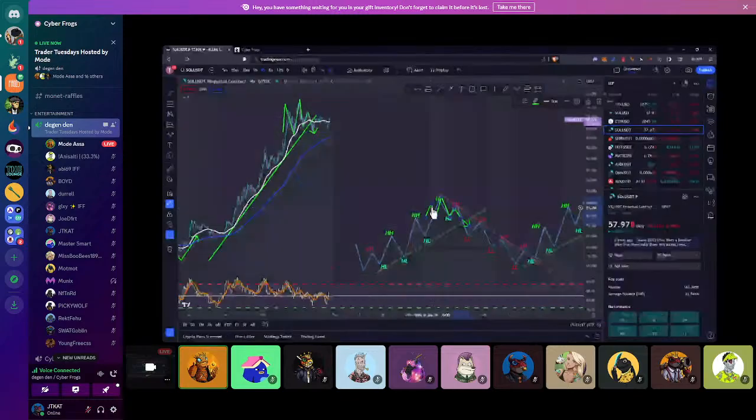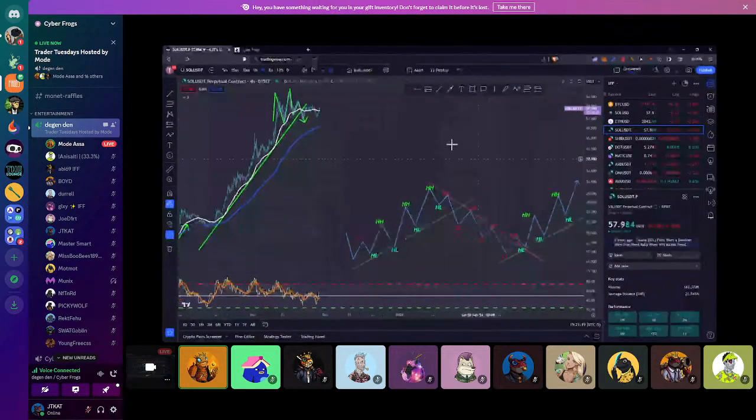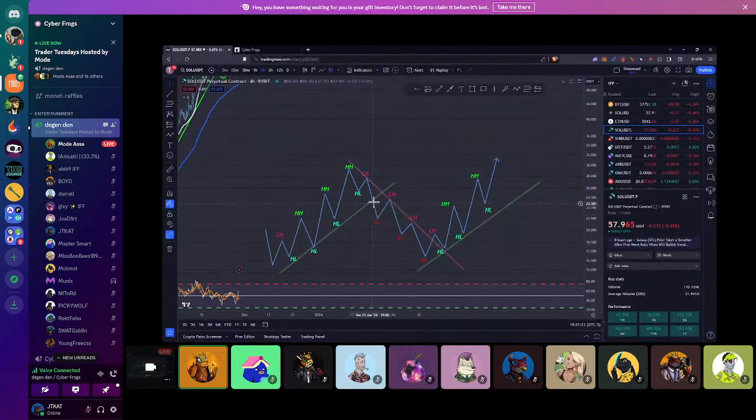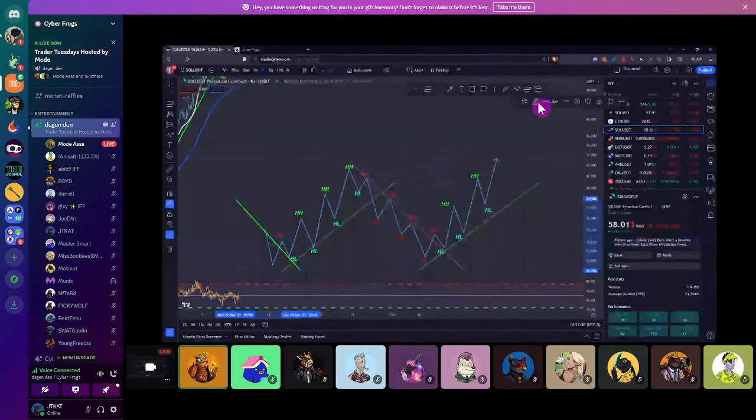But again, this is how I do a lot of my analysis. The trend is your friend until the end, and you want to look at these indicators. So there would have been basically a red trend line here, something like that.